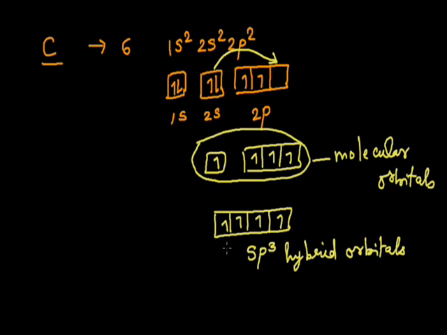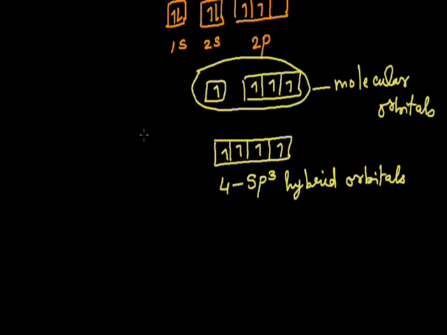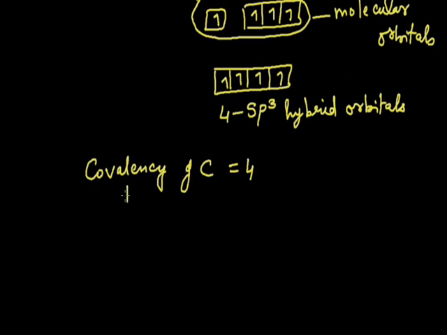And there are 4 such sp3 hybrid orbitals in the case of carbon. And so we can say the covalency of carbon is 4. Covalency is the number of half-filled orbitals present in the valence shell of an atom.